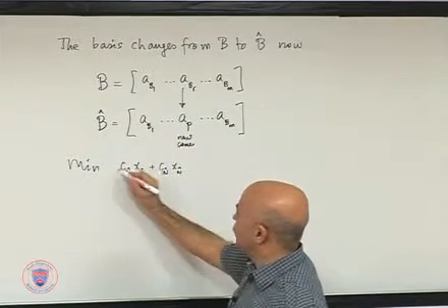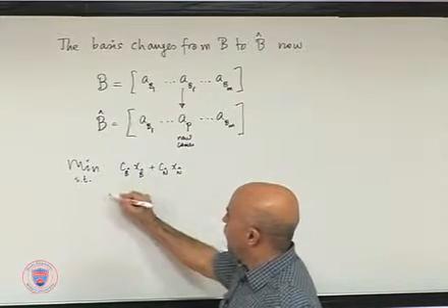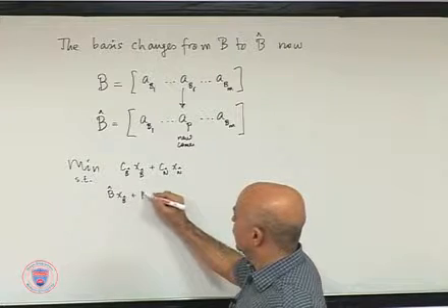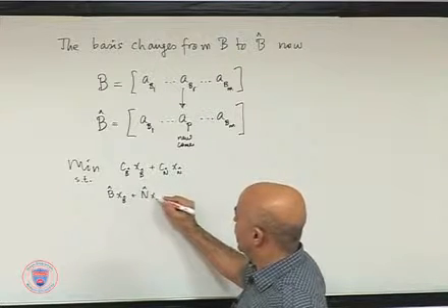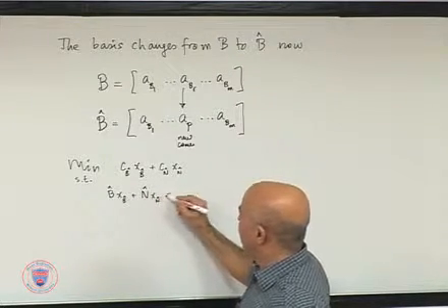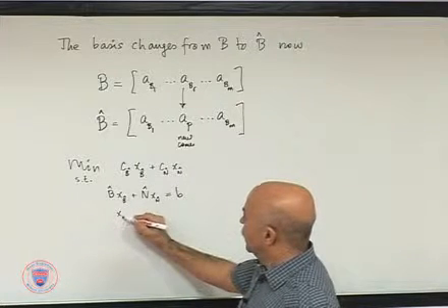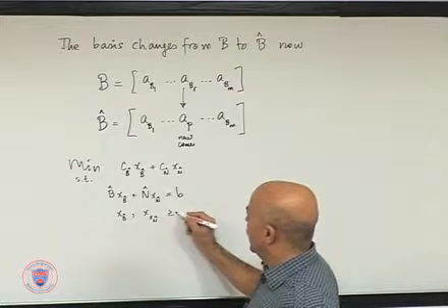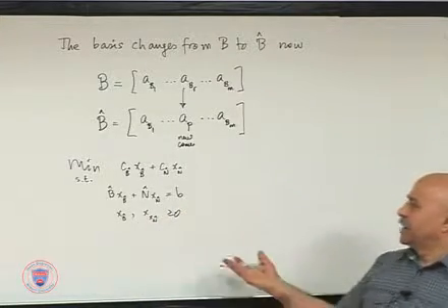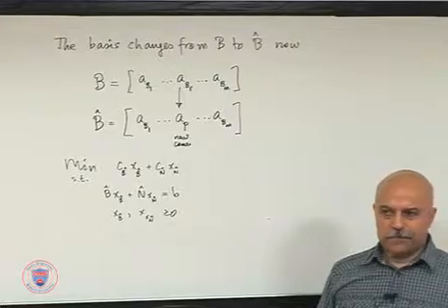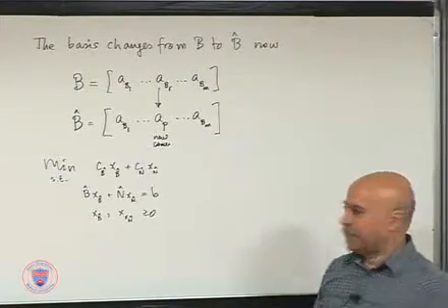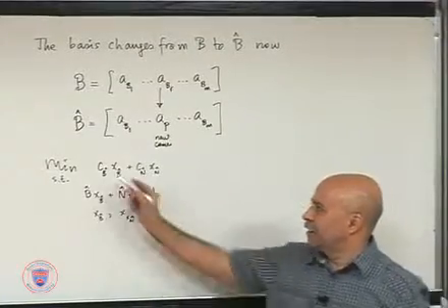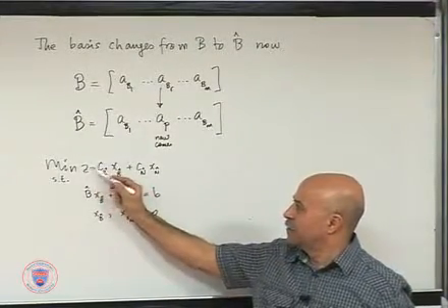Subject to B cap x_B cap plus N cap x_N cap equals b. But we don't work with this system. We work instead with B inverse times the constraints, and the upper side is also modified.